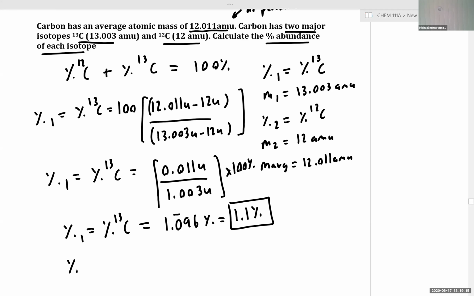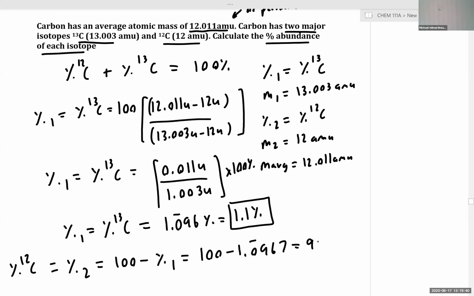The percentage of isotope 2 is equal to 100 minus the percentage of isotope 1. And remember, isotope 2 is the percentage of carbon-12. We get 100 minus 1.0967, which in turn has 1 decimal place.